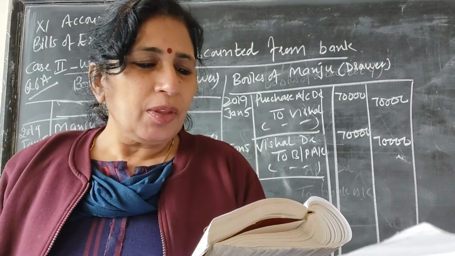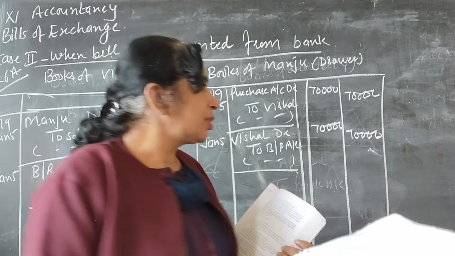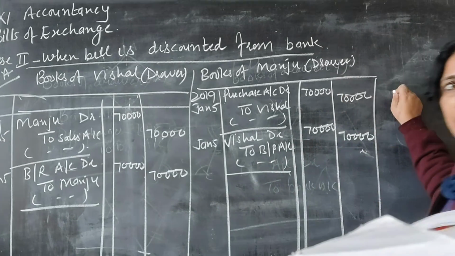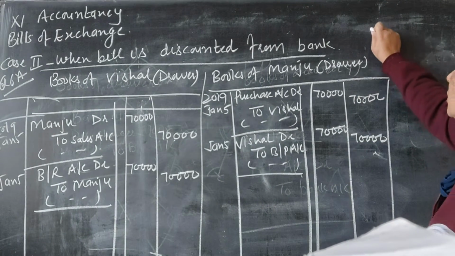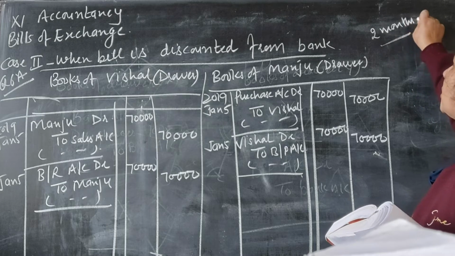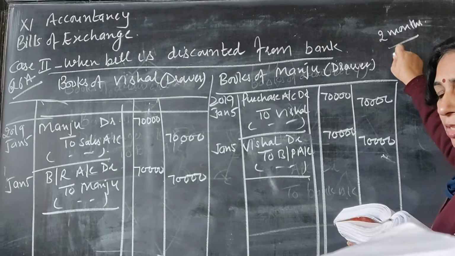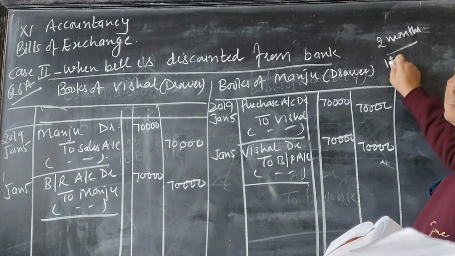Now, Vishal immediately discounted the bill with the bank at the rate of 12% per annum. The bill is written for 2 months. Immediately means 2 months are still left in the maturity of the bill. Discounting charges are 12% per annum.